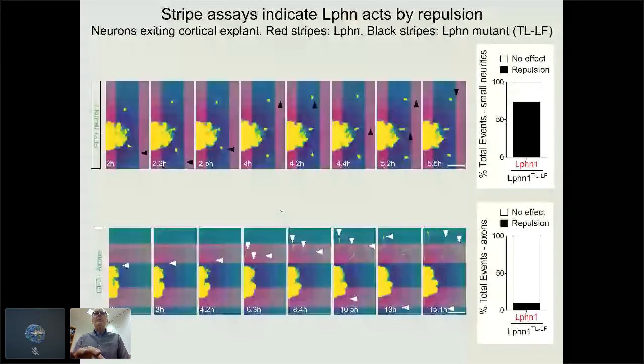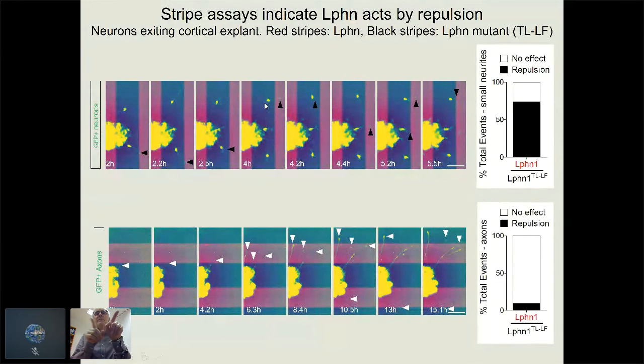So he then used stripe assays, the famous Friedrich Bonhoeffer stripe assays. He confronted the explant with stripes of either the latrophilin mutant, the double point mutant, in black, or the wild type latrophilin in red, and he did time lapse, and he could see that when the cells are coming out of the explant, they would grow these little neurites, and these little neurites would very much be repelled from the pink stripe.